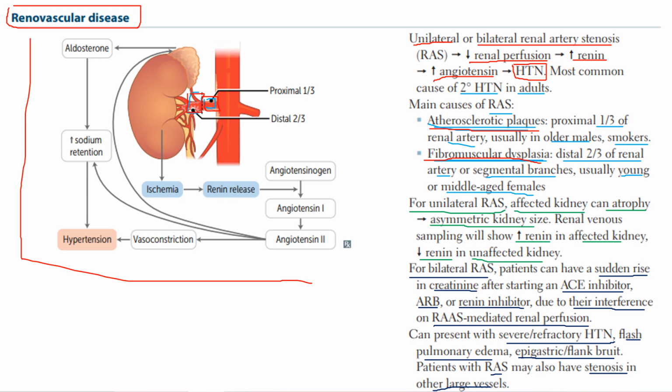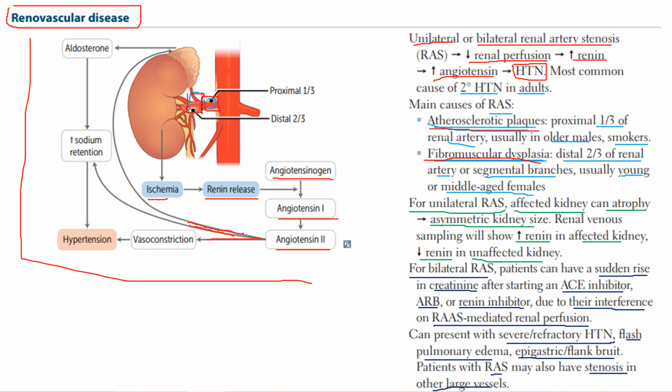After that, the kidney becomes ischemic, so it releases renin, which converts angiotensinogen to angiotensin 1, which is then converted to angiotensin 2, which has three effects as shown here.